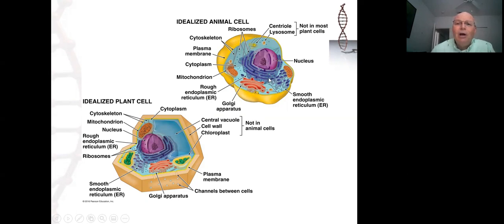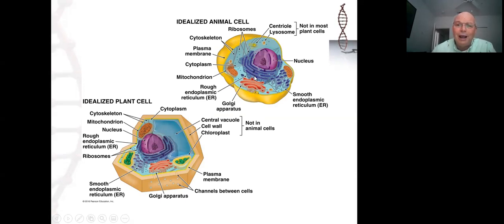It is itself continuous with what's called the nuclear envelope, the double membrane system that surrounds the nucleus. So this is one large membrane complex. And there are ribosomes attached to the flat sheet-like part of the endoplasmic reticulum. So it's referred to as rough, because when you see it in the electron microscope, you can see the ribosomes on the surface, and it gives it a rough appearance.